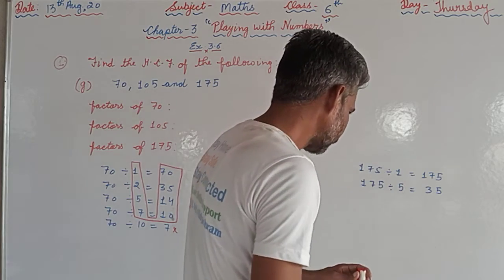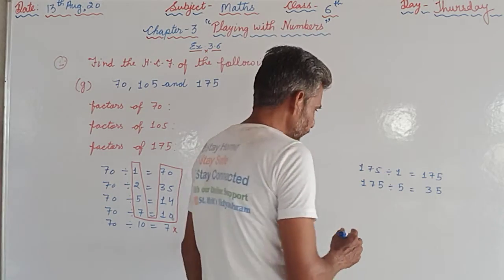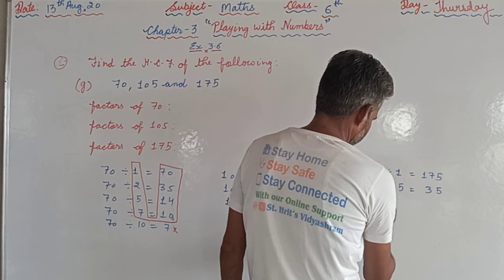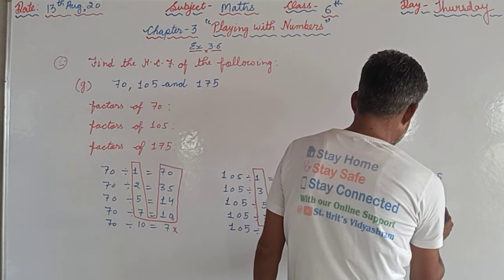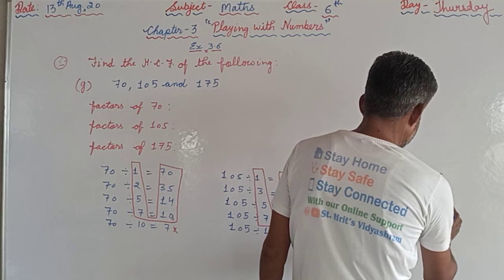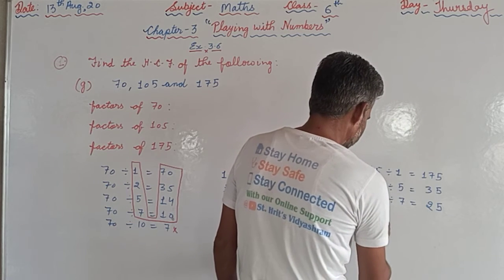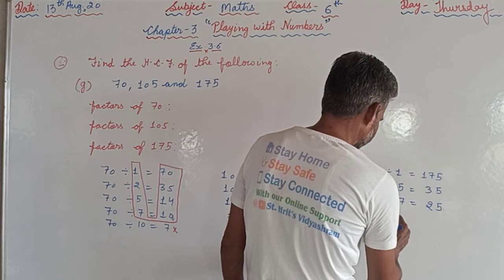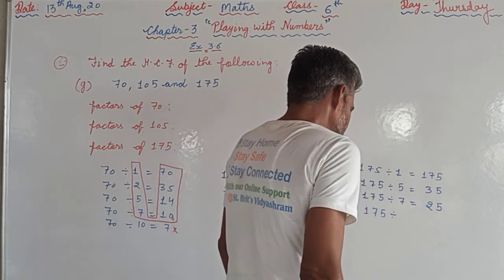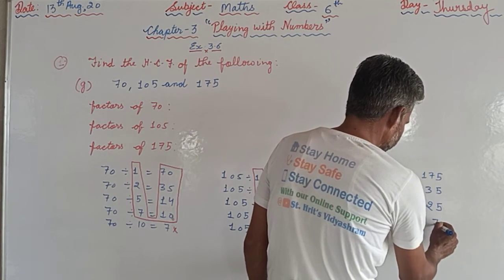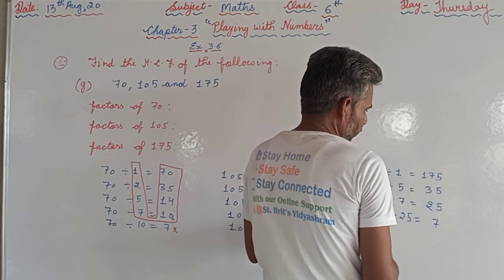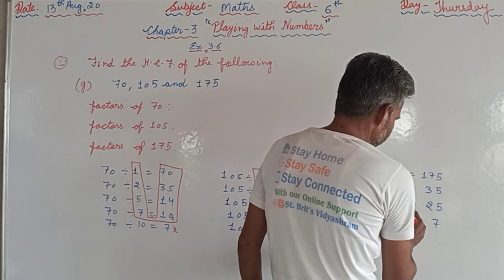Then it will be divisible by 7, and afterwards it will be divisible by 25. 7 already repeated and 25 already repeated.